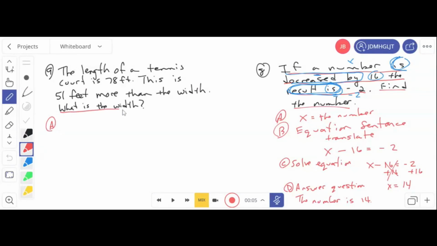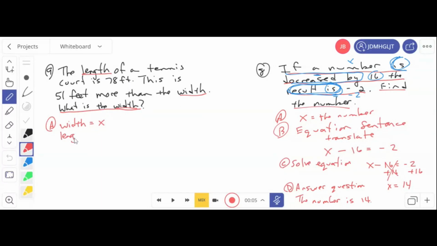They're asking us to find the width. So I'm going to say that the width is x. X is the width. But now they also talk about in this problem length. So we're talking about width in a couple of places, and we're talking about length.